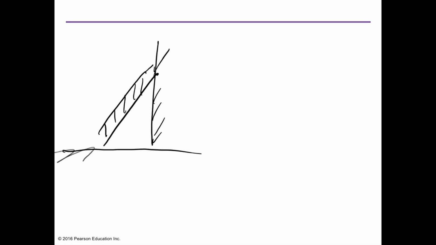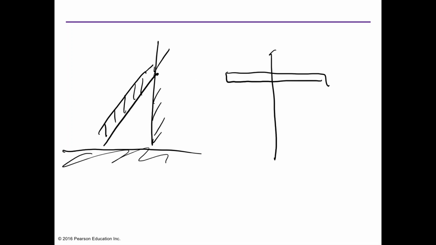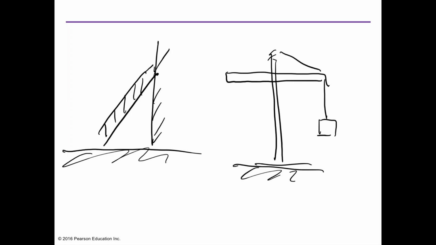For example, if we have a ladder that leans against a wall, we want to make sure it doesn't fall down when you're climbing it. Or, for example, we have a crane hoisting half a ton or tons of a full bucket of concrete. We want to make sure that it doesn't fall down. These are the things we're going to talk about: how to keep these extended structures in equilibrium.